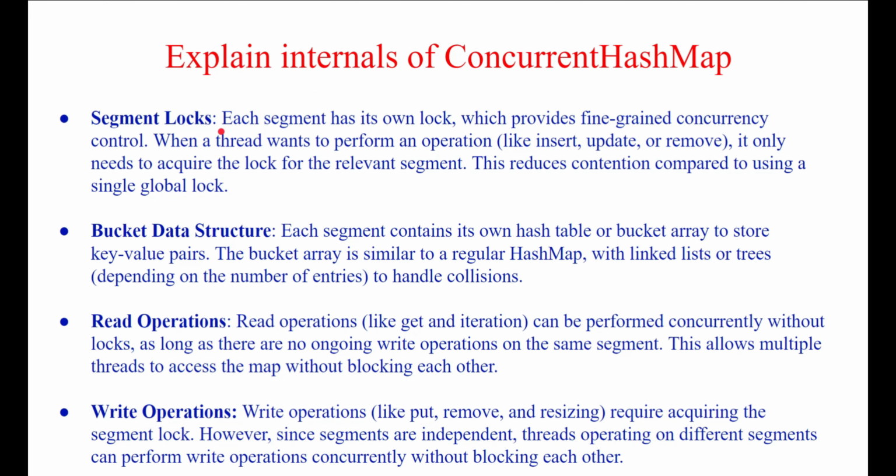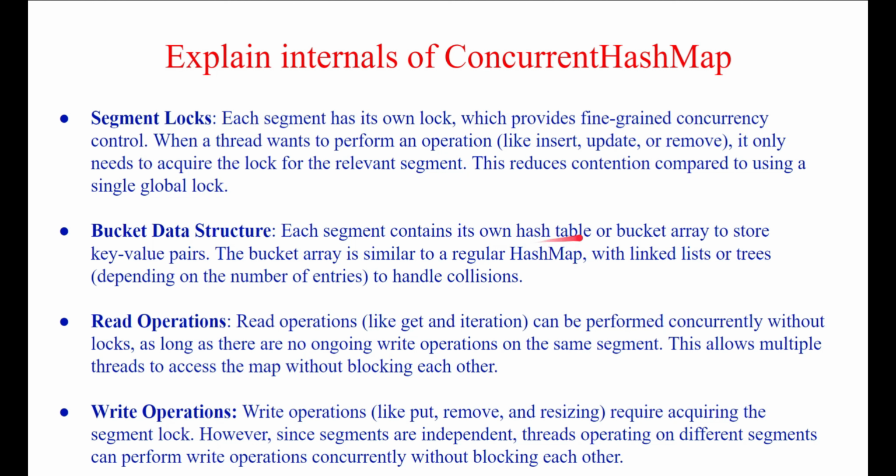Next, segment lock. Whenever you put something on the segment or write something on the segment, you first have to fetch the lock for that particular segment. It gives you fine-grained concurrency control. When a thread wants to perform a write operation, it only acquires the lock for the relevant segment and thus prevents the whole concurrent hash map lock or the global lock.